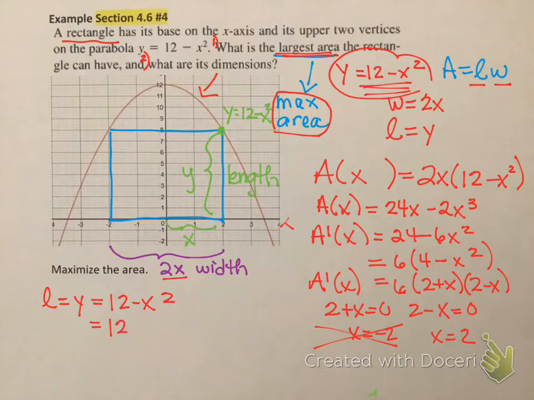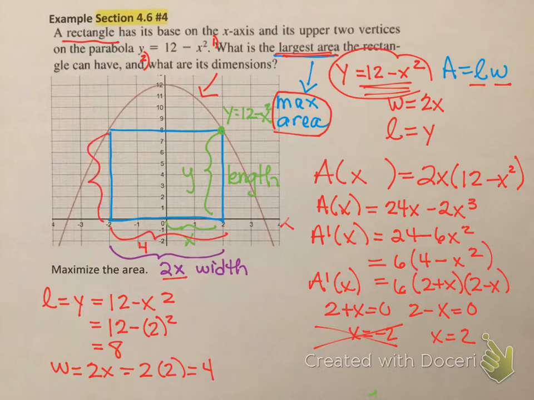So my length would be 12 minus 2 squared, or 8. My width is 2x, which would be 2 times 2, or 4. Please notice that you are given no units. So my width here would be 4, and my length would be 8.